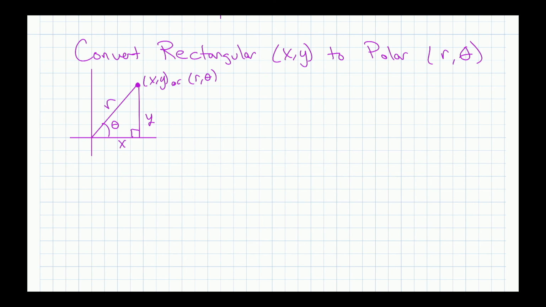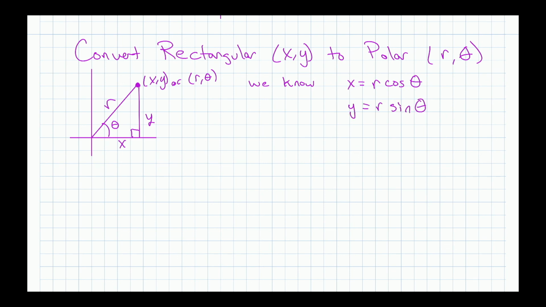And so we know from before that we already had that x was r cosine theta, and we had that y was r sine theta.